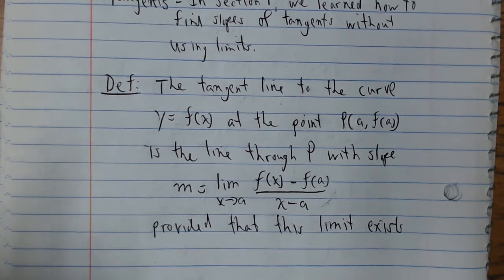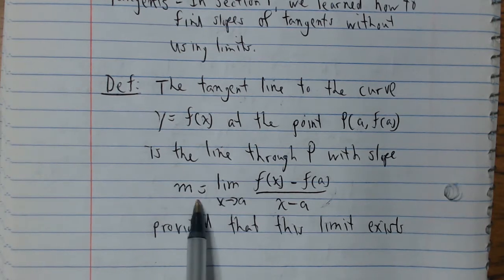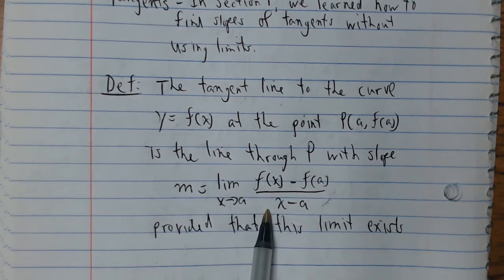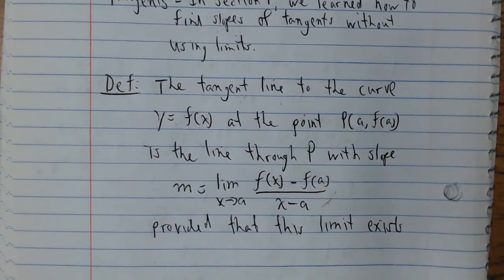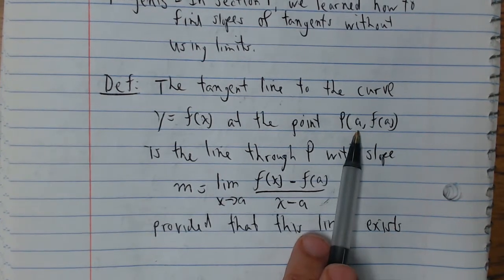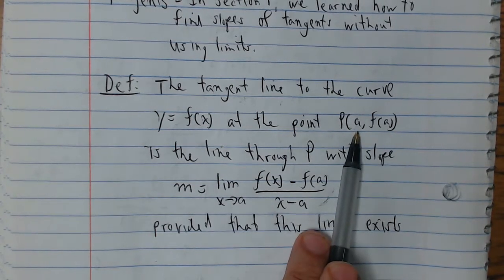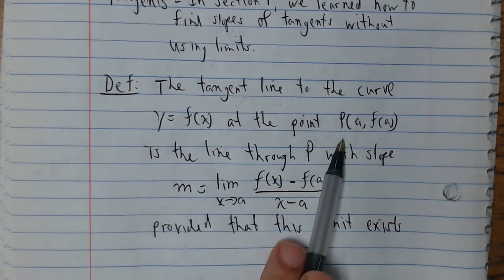But let's see how this is represented visually as the slope of the tangent line. What you notice is that our point of interest is at a comma f of a. So that means my x value at that point of interest is a.